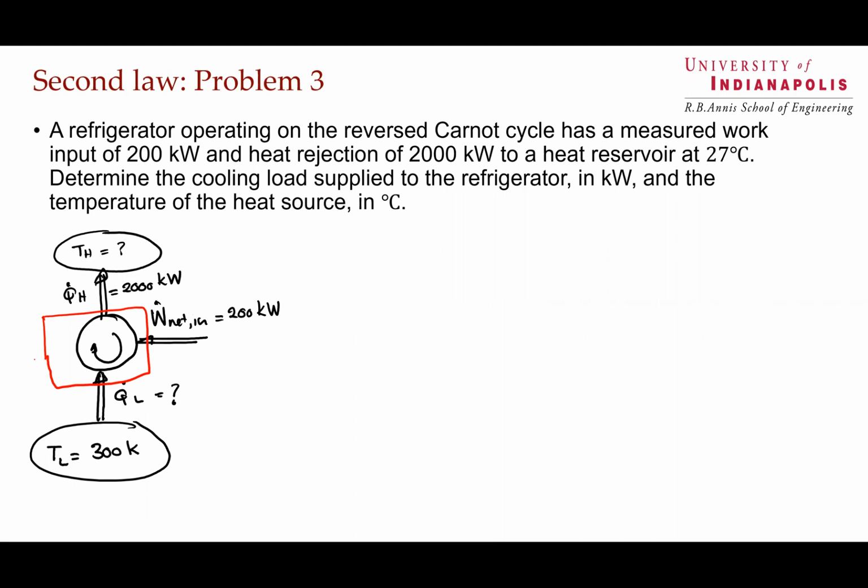It's a cyclic process. So you have delta U equals Q dot in minus Q dot out plus W dot in minus W dot out, right?